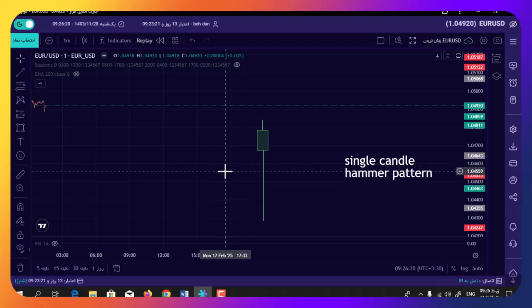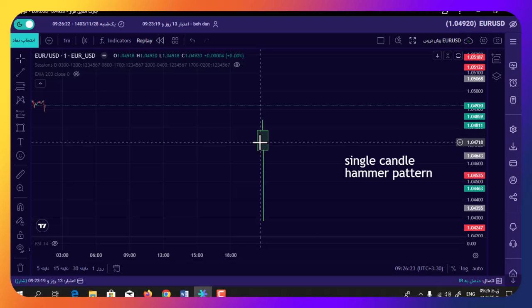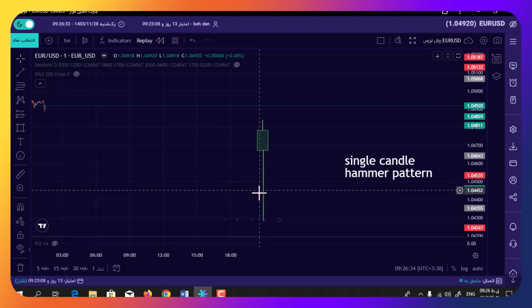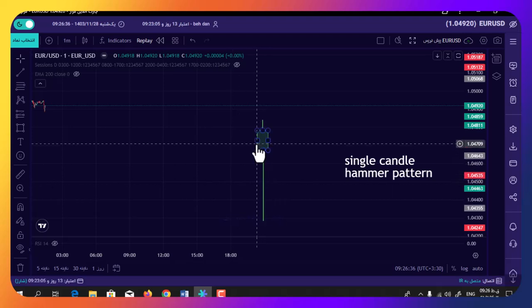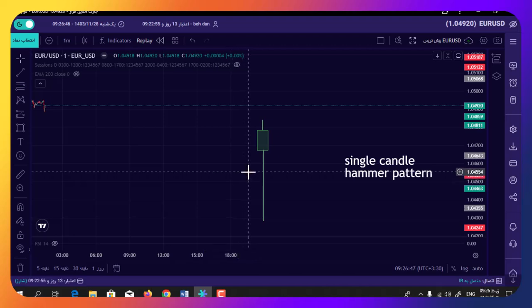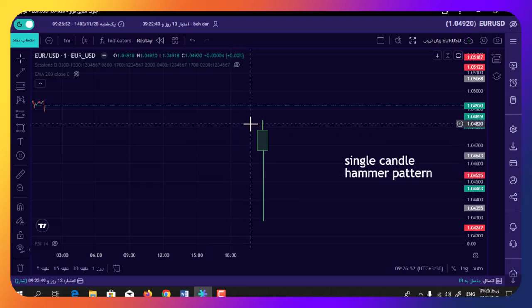It has a small body with a long lower shadow, at least twice the size of the body. If the lower shadow is equal to or smaller than the body, the pattern is invalid. The upper shadow should be small or ideally non-existent.